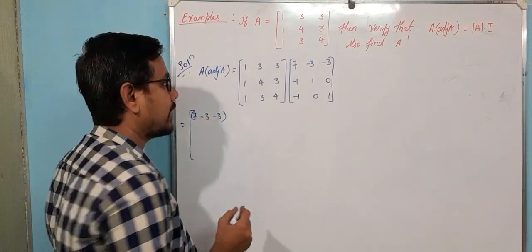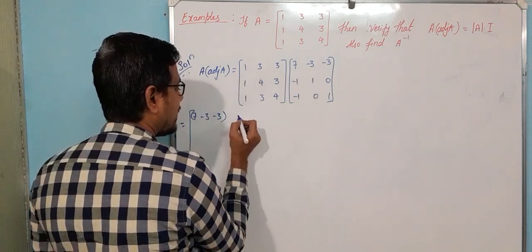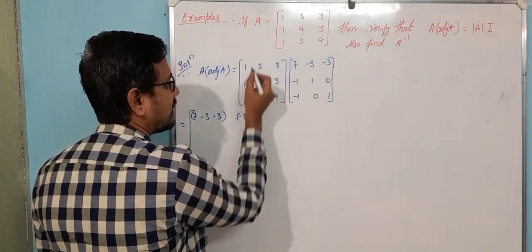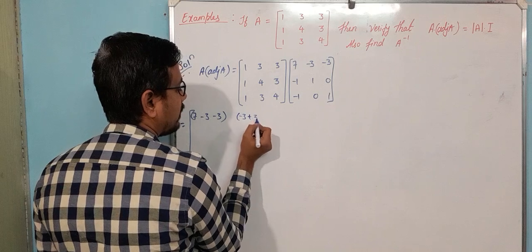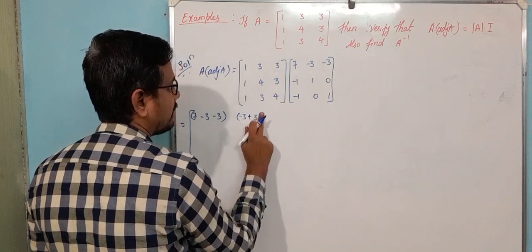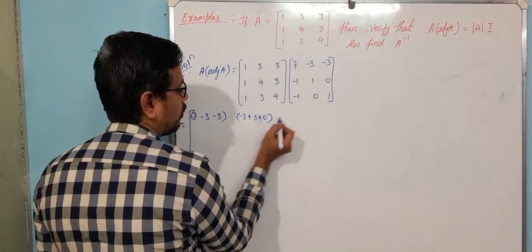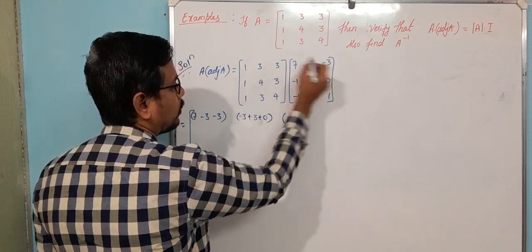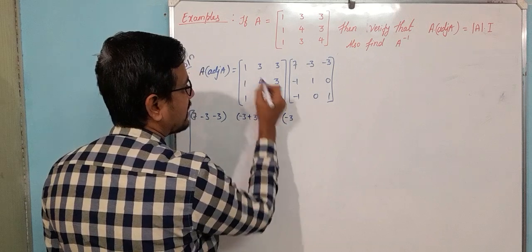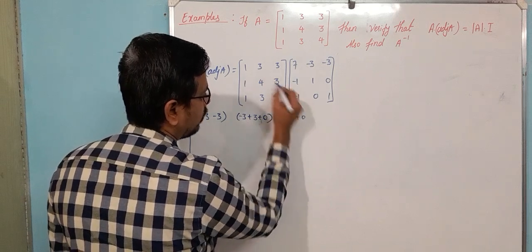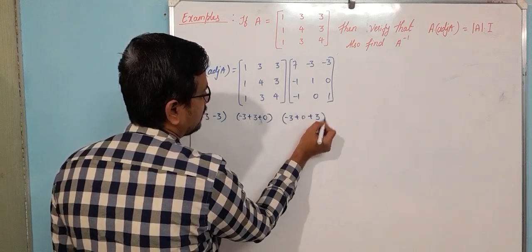Next, 1 into minus 3, minus 3, 3 into 1, plus 3, 3 into 0, 0. And here, 1 into minus 3, minus 3, 3 into 0, 0, plus 3 into 1, 3.